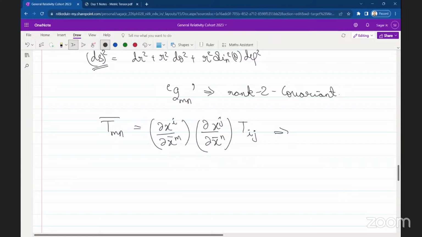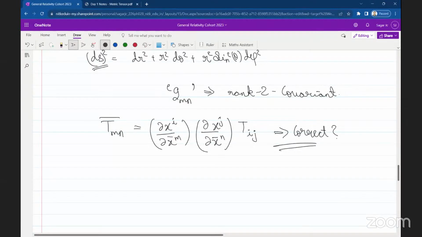Is this correct? Could you repeat the question? So the equation that I have written here, is this the correct equation? If you're seeing my screen. Is my screen visible? Yeah, now it is. Okay.